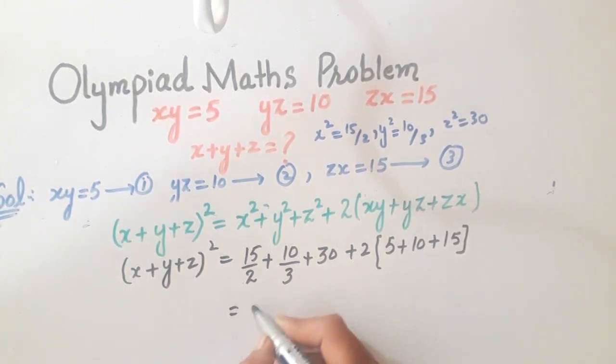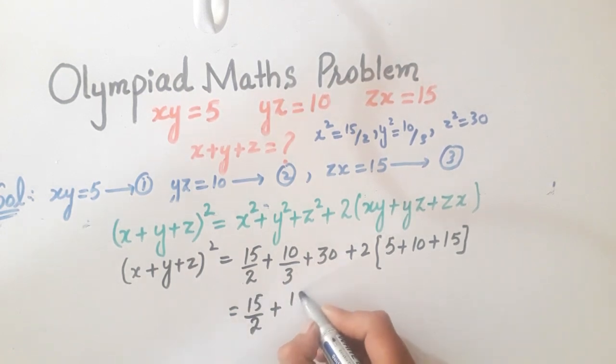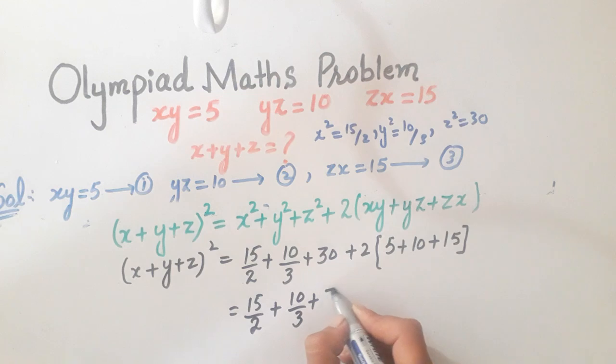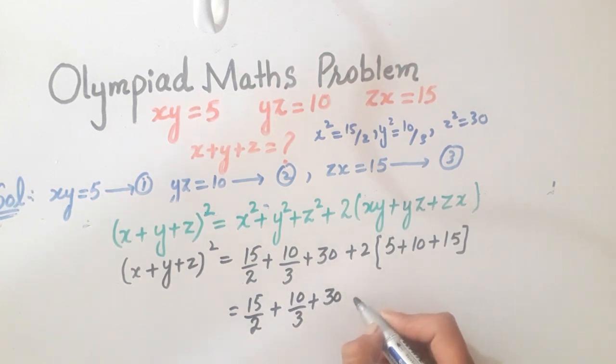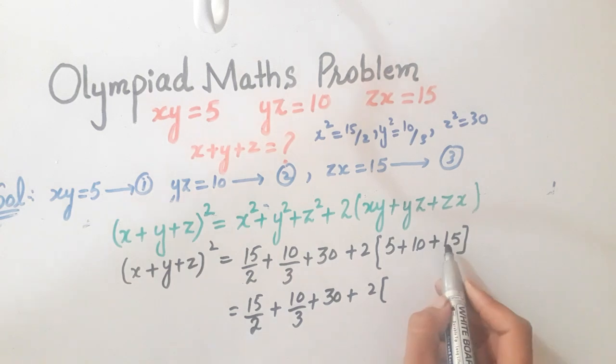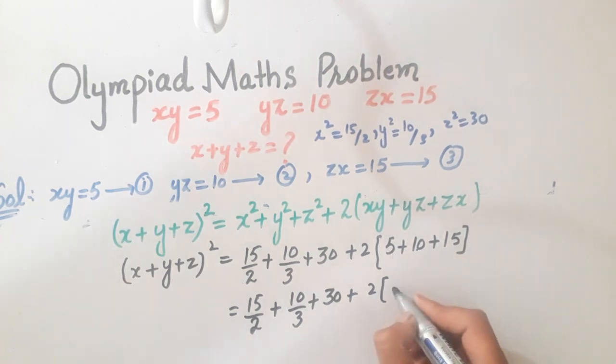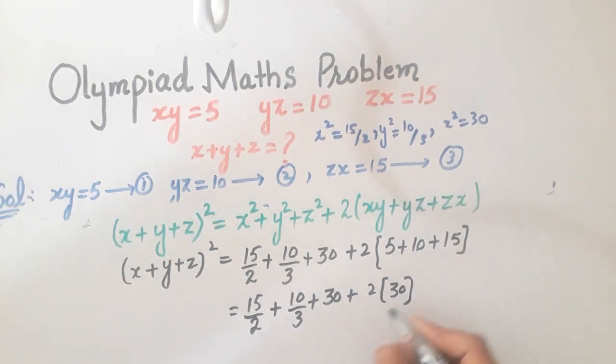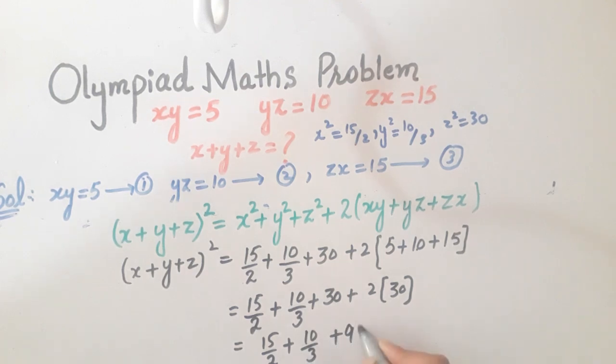That gives us 15 by 2 plus 10 by 3 plus 30, then plus 2 into 10 plus 15 is 25 plus 5 is 30. So 2 into 30 is 60, 60 plus 30 is 90. We get 15 by 2 plus 10 by 3 plus 90.